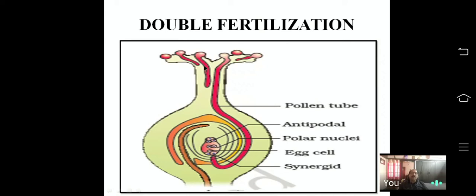That is called the pollen tube. So many pollen grains are here, all are germinating. Do you know which cell of the pollen grain develops the pollen tube? Vegetative cell. The vegetative cell is responsible for the growth of this pollen tube.